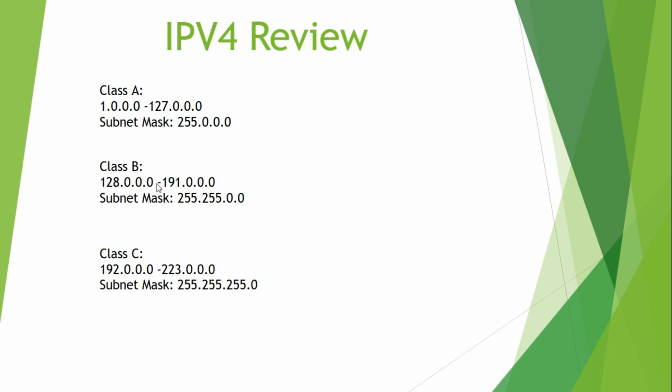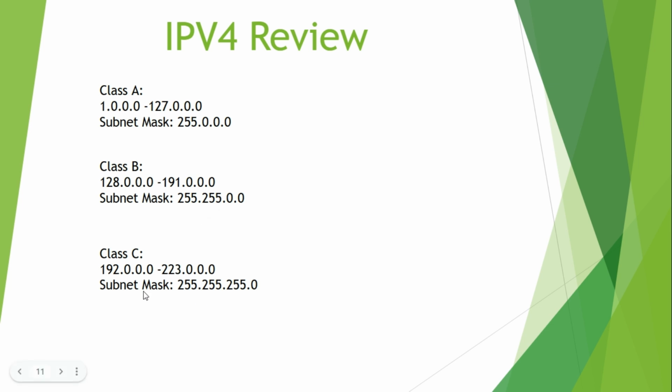Anything between 128 to 191 is class B. Anything between 192 to 223 is class C. You can see a nice little logical pattern where class A has one octet that's full, class B has the first two octets full, and class C has three octets full.